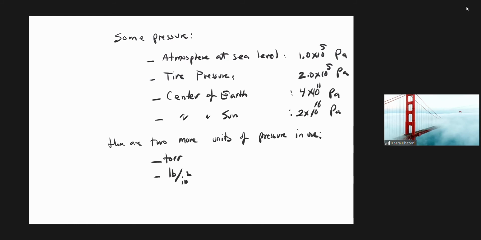Now, I'm sure by now you know what conversion factors are. So the way you build conversion factors are 1 atmosphere is equal to 760 torr, and that's also equal to 14.7 pounds per inches squared. Okay.